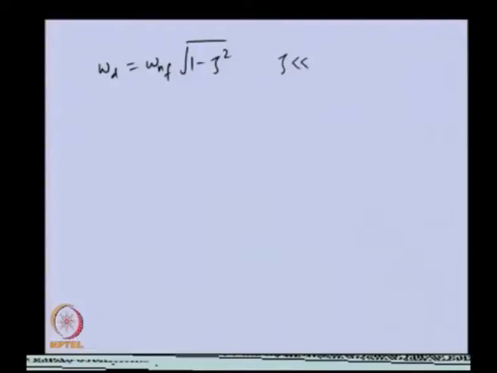So we expect that whatever damping is there, the damped natural frequency will be very close to the undamped natural frequency of the system, which we defined as root k by m.